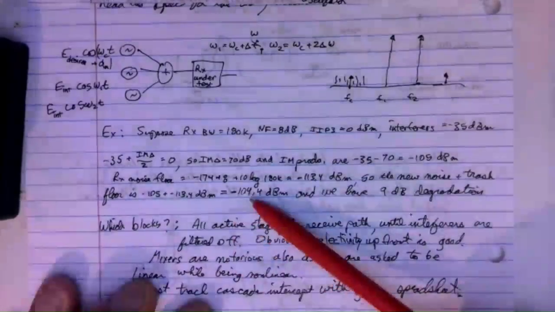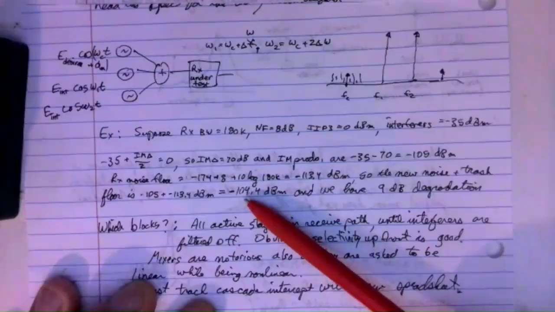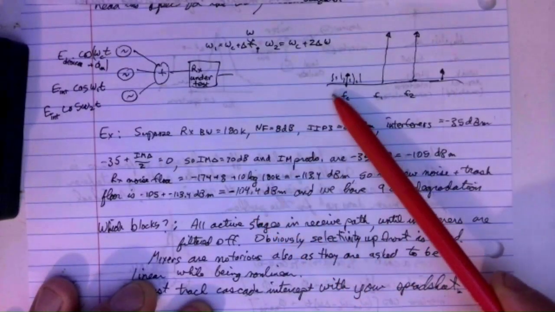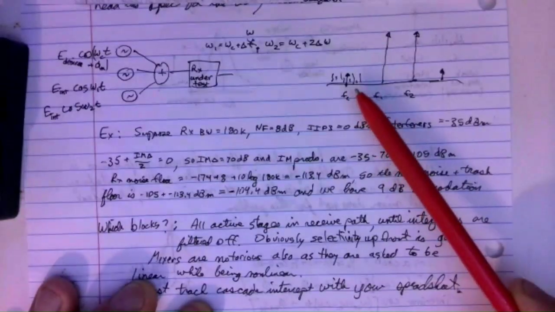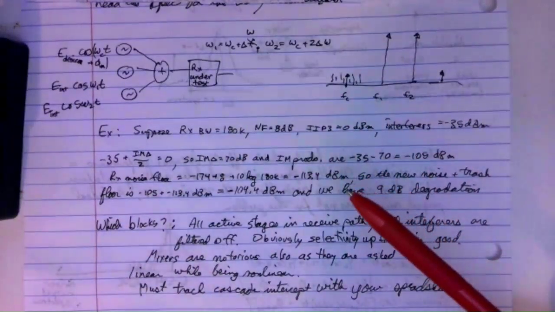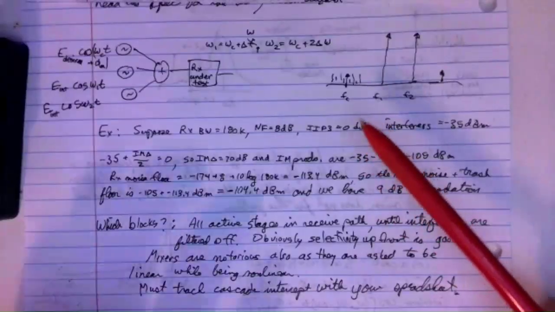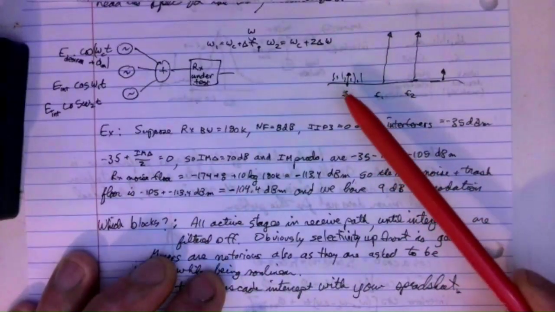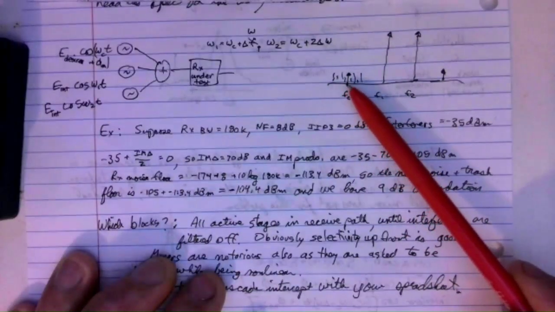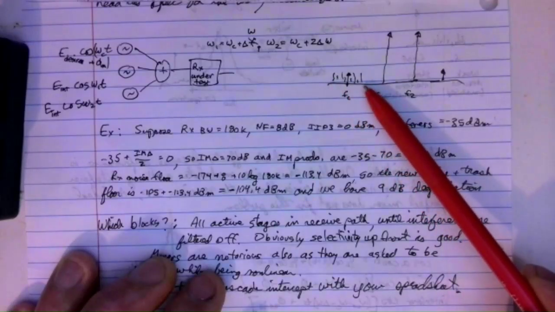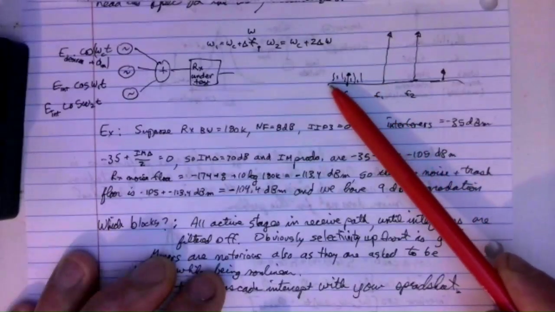You get minus 104.4 dBm. And we're going to treat that tone like it was noise. Is it exactly the same as noise? No, but it's a pretty good approximation. You can treat this interferer just like noise and calculate, I'll call it a trash floor, noise plus interference.